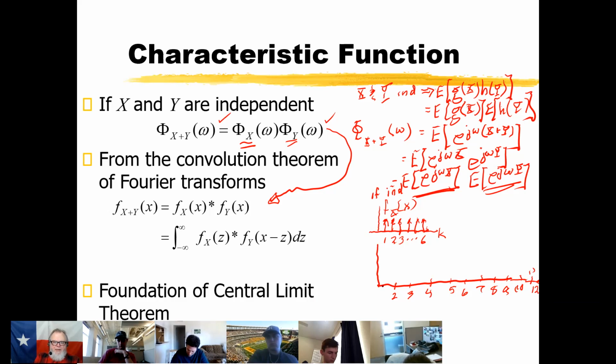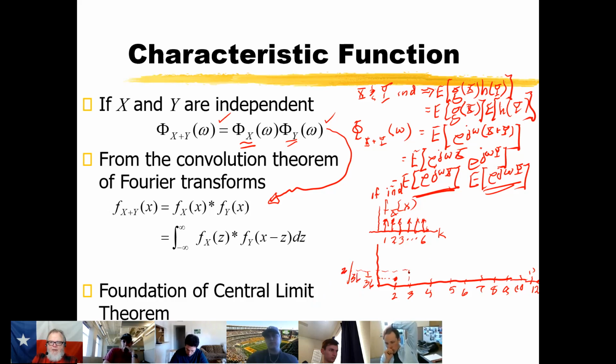What's the probability of getting 2? Anybody? 1/36, right? What's the probability of getting a 3? You can either get a 1 or a 2, or a 2 or a 1. What's that? 2/36, right?